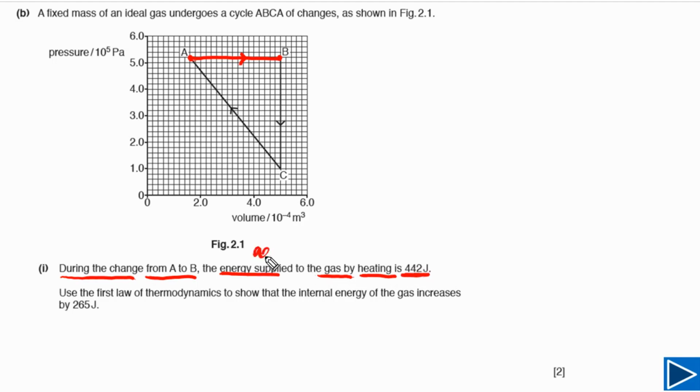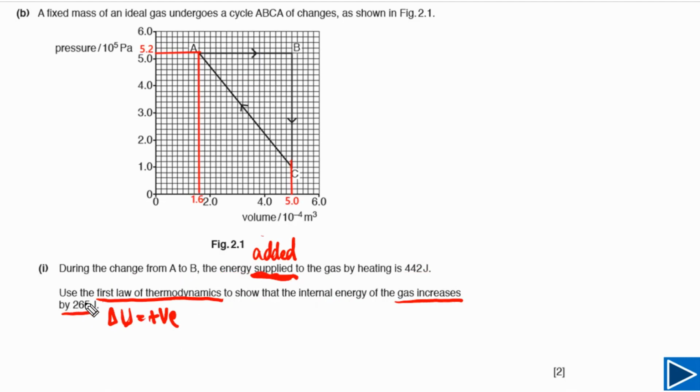As this energy is supplied, it simply means that energy has been added to the system, so simply we can say this is plus Q. The question is asking us to use the first law of thermodynamics and show that internal energy of the gas increases by 265 joules. Increases simply means that delta U has to be positive.